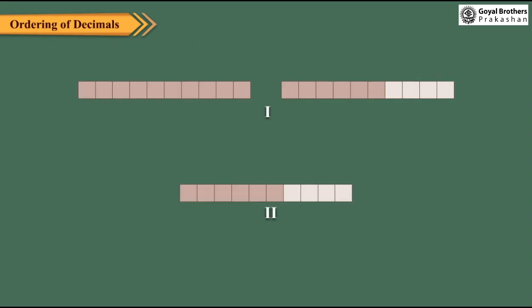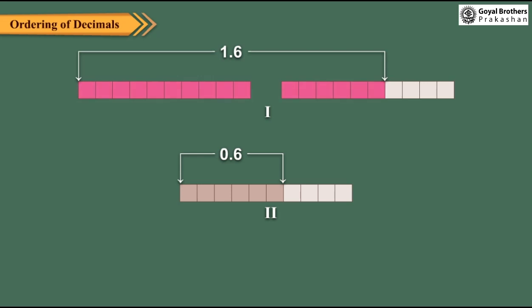Now let us discuss how to perform comparing and ordering of decimals. Observe these figures. In the first figure, the shaded portion shows 1.6, and in the second figure, the shaded portion shows 0.6. Also, the shaded portion of first figure is more than that of the second figure.